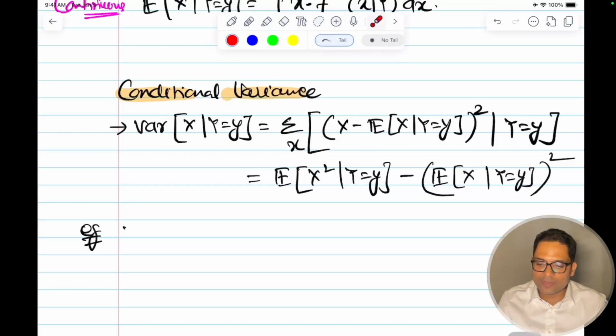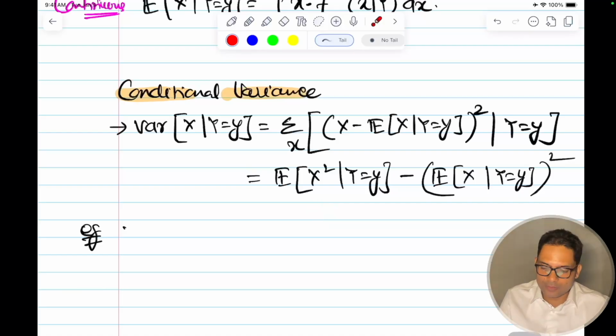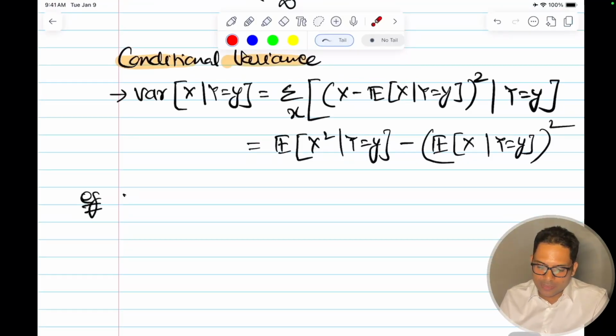Because of the variation, we try to find out the expected value of my variance, the conditional variance. This is the application of conditional variance. When the conditions change, the variance changes, depending upon the condition. And why do we need to study this?